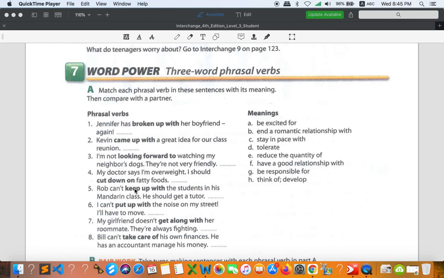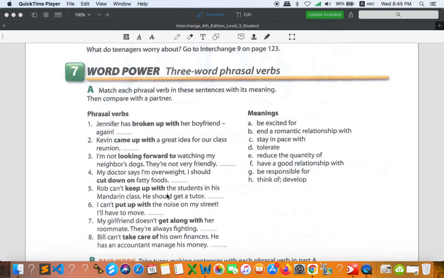So what you have to do is only to match the meaning of the 3 word phrasal verb. It's not about can right here, just only the bold one, so the meaning should be stay in pace with. So if you say Rob cannot be together with the students in his Mandarin class, he should get a tutor, just like that.